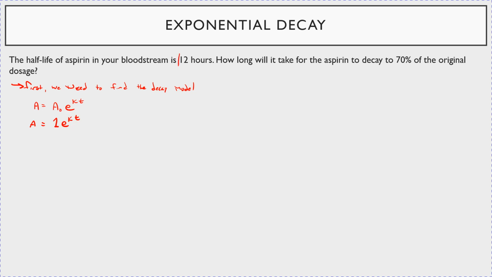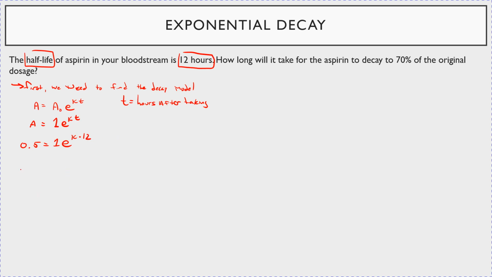Well, I know after 12 hours, there will be half of it left. So the amount when t is 12, all right, if I let t be hours after taking, there will be 1/2 of it left. Well, look, you just have to solve this, okay?